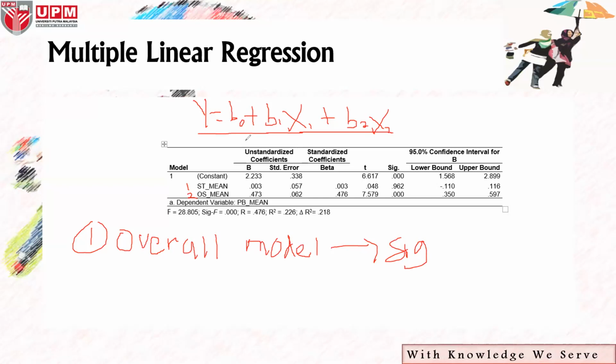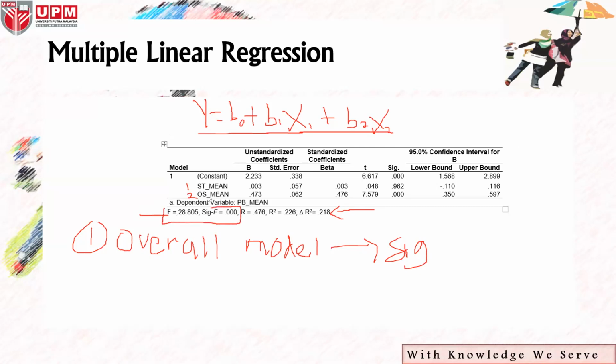Okay, bila tengok, when you see the table, do not yet focus on the table. Look at the value below the table. Tengok dulu kat sini. Okay, sebab apa kita nak tahu? Because if we have more than one IV in our variable, we want to know either the overall model tu is significant or not. Okay, so we look at the F value.